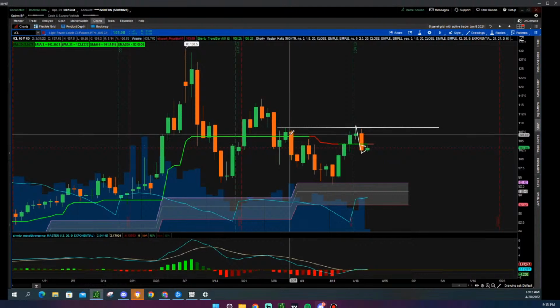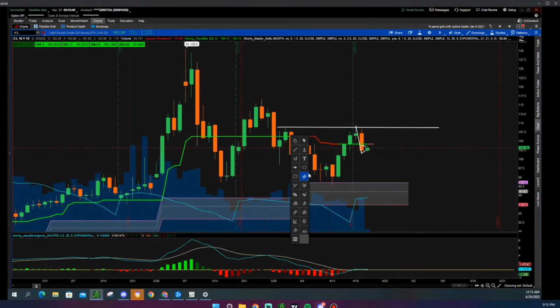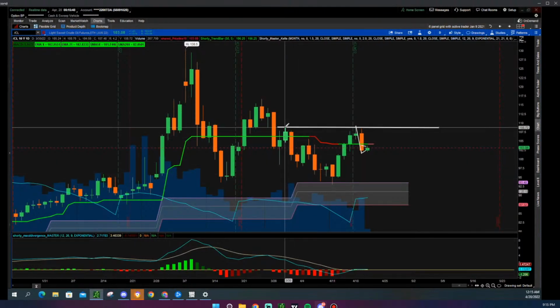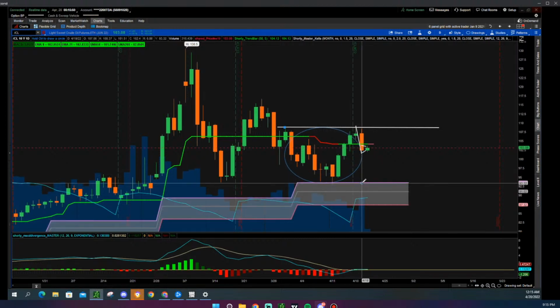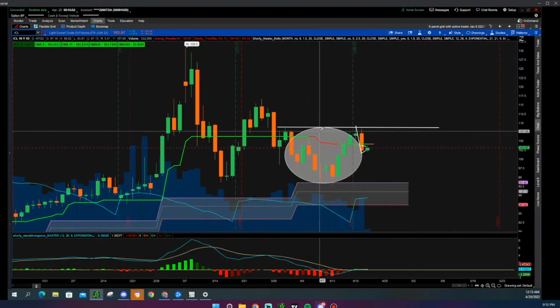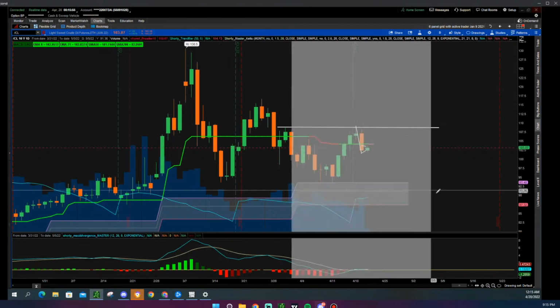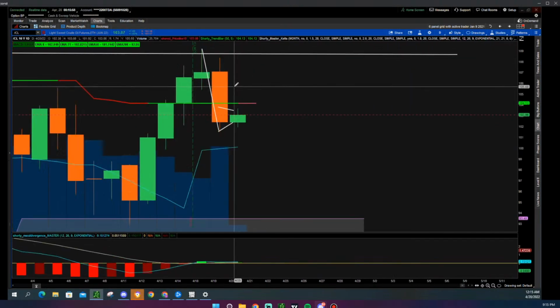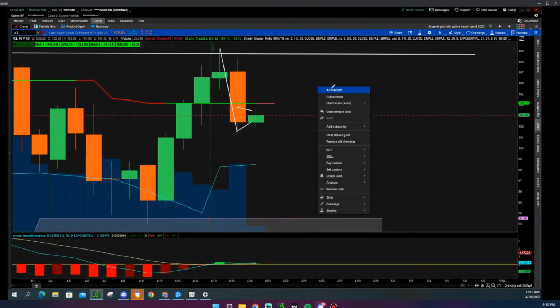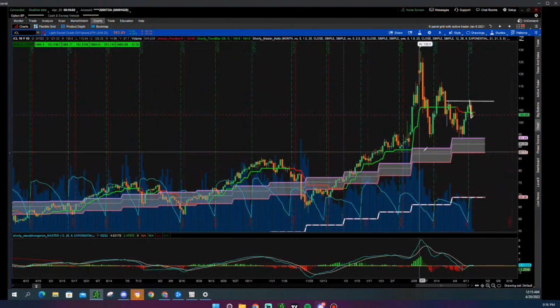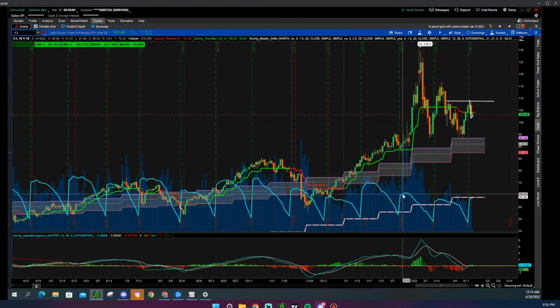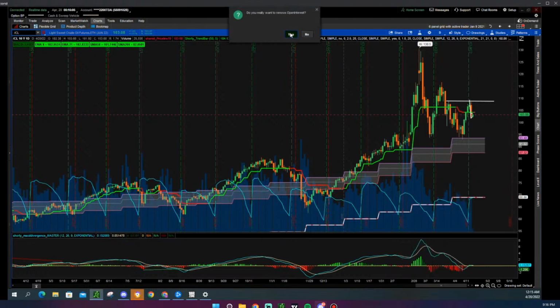Yeah, mini cup, or maybe a mini bull flag. It has this and then a handle here, but I just don't like this big red candle. That's a pretty confident candle, man. That's a pretty good candle. Yeah, I think shorts. This is the third week.